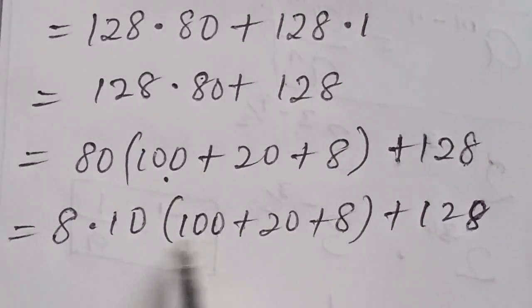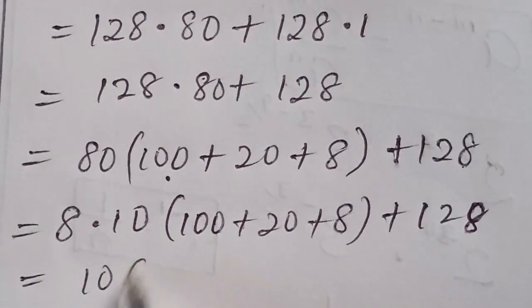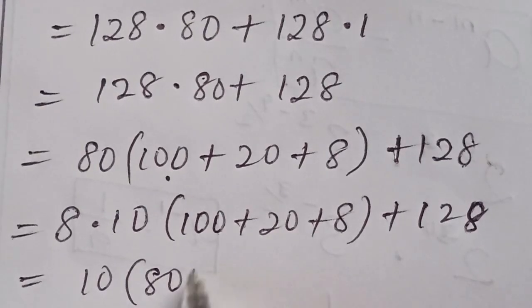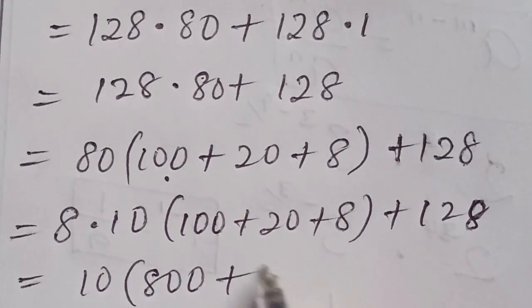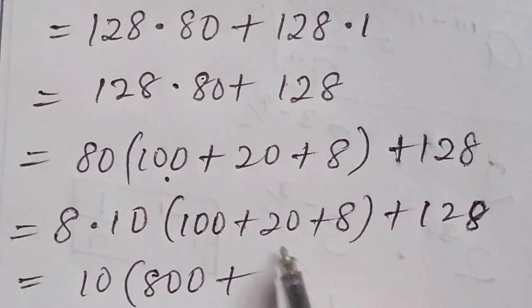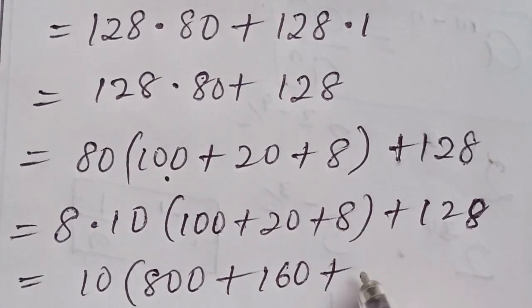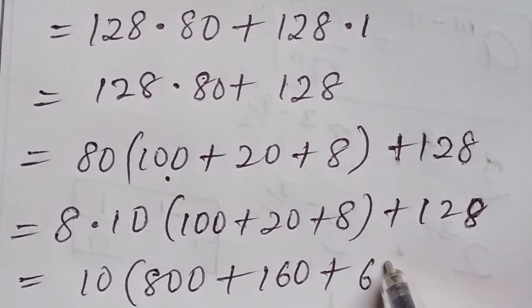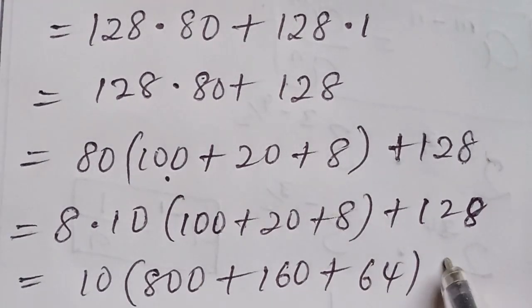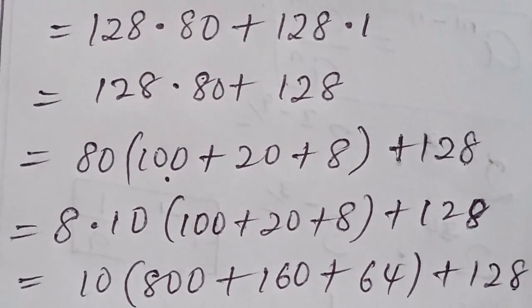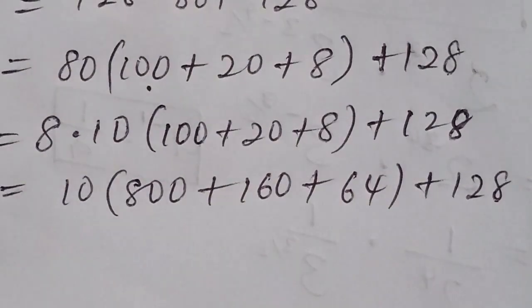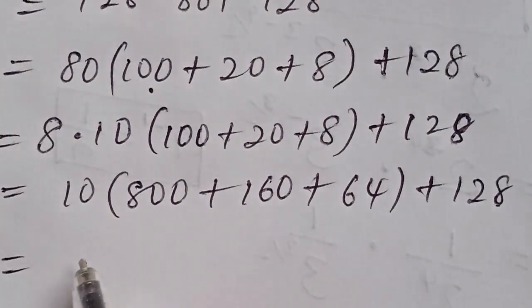If we multiply this 8 with what we have in the bracket, that is equal to 10 into bracket 800 plus 8 multiplied by 20, we have 160, 8 multiplied by 8, we have 64, then plus 128.